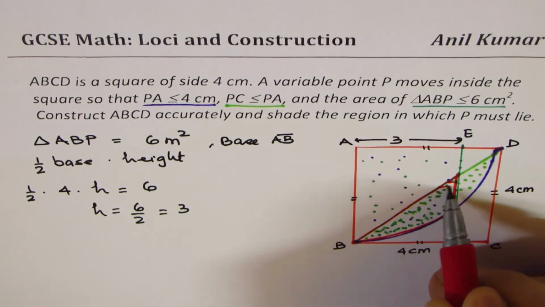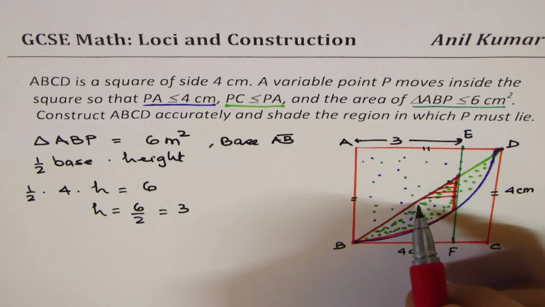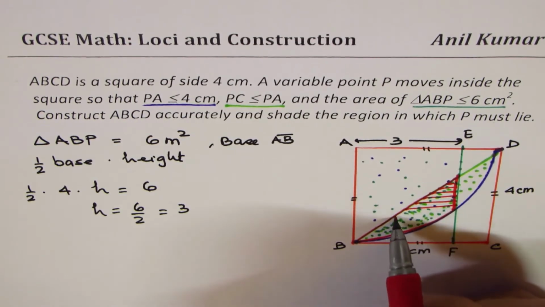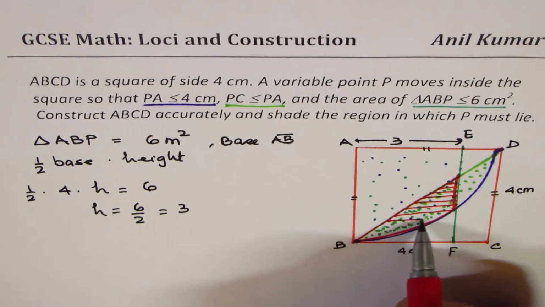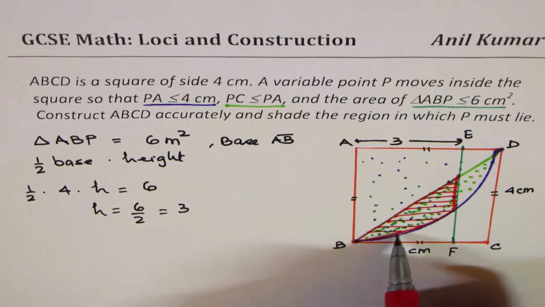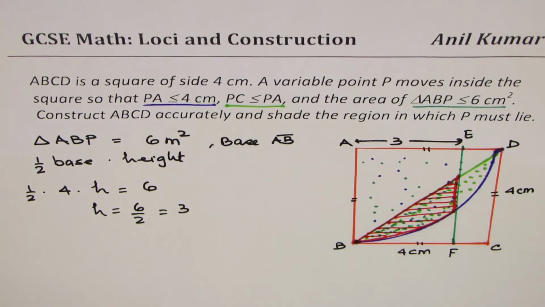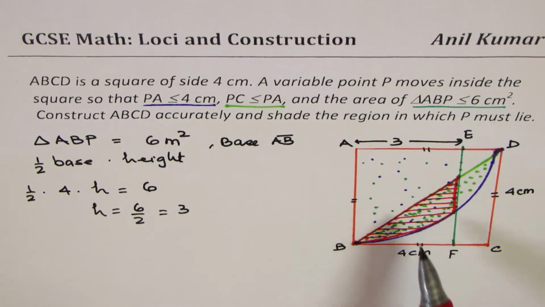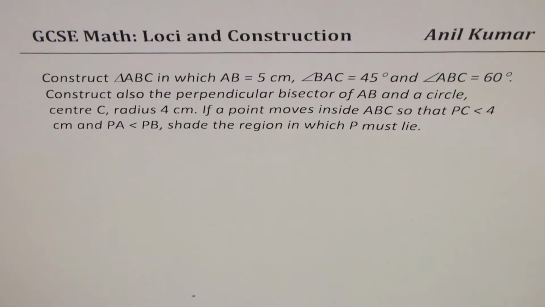So that is your solution. Is that clear? Right? So when you construct your square, it has to be very accurate. I kind of approximately sketched it. The idea is to understand how to shade the region. So my focus is on this point. I hope that's clear.